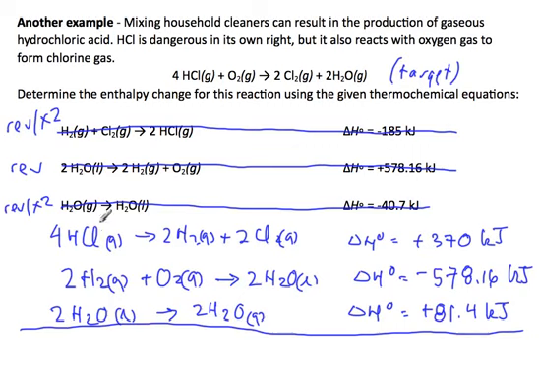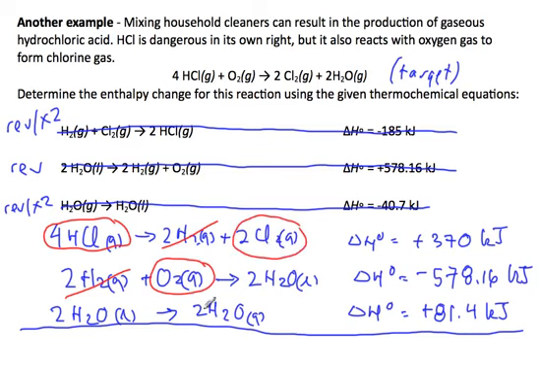So let's just identify what I want at the end. Well, 4HCl, there's my 4HCl, so that's good. 2H2 gas is gone. O2 should be gone. Or sorry, O2 should be remaining. Cl2 should be remaining. There it is, 2 moles of Cl2. H2O liquid, so they cancel out. Same physical state.